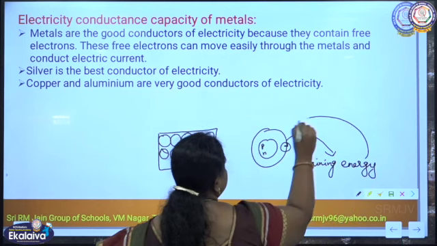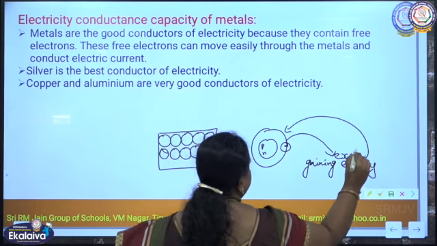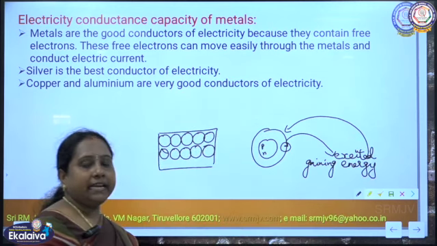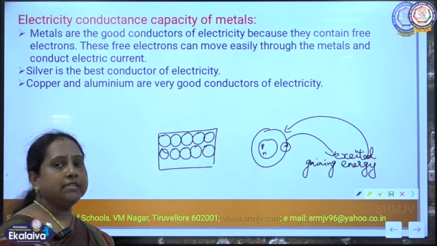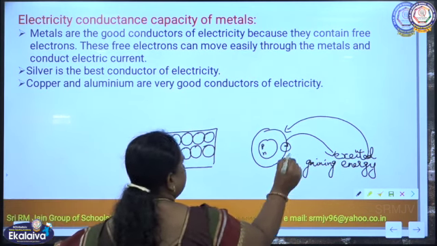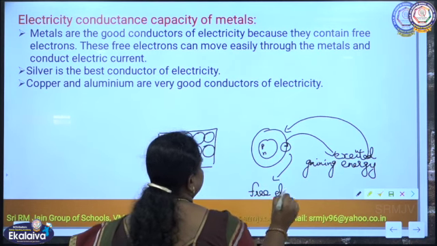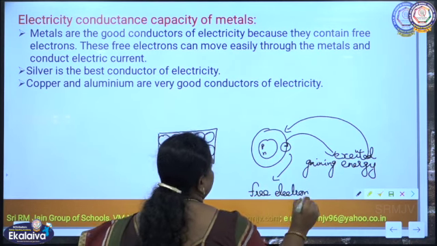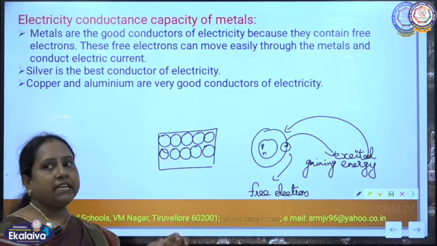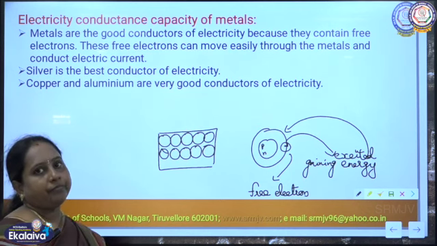They gain energy from the surroundings and the electron gets excited. Excited means they get promoted from a lower energy level to a higher energy level, so these electrons become free electrons. These free electrons and the free ions will carry the electricity.